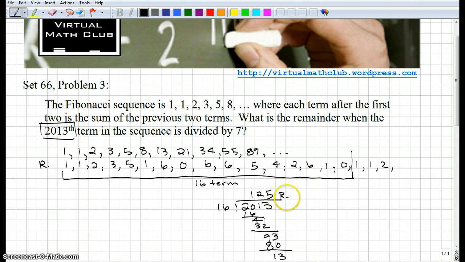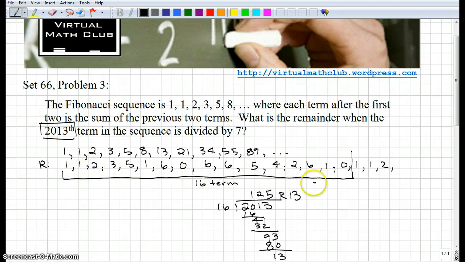So we have a remainder of 13. What this tells us is that we're going to go through this pattern 125 times and 13 more to get to the 2013th term. So we need to figure out what the 13th term in this pattern is, and then we'll know what the 2013th term is.